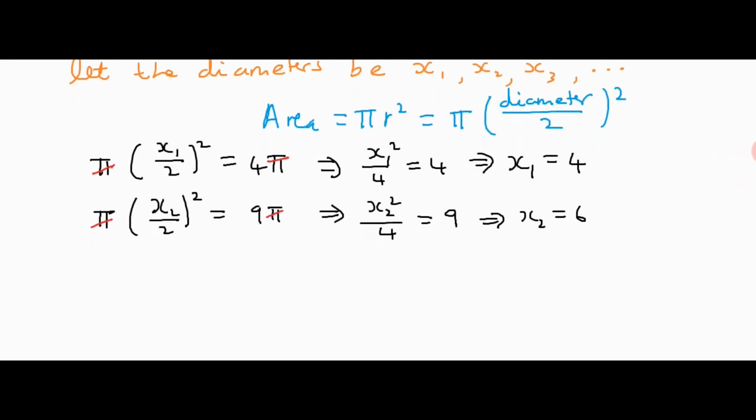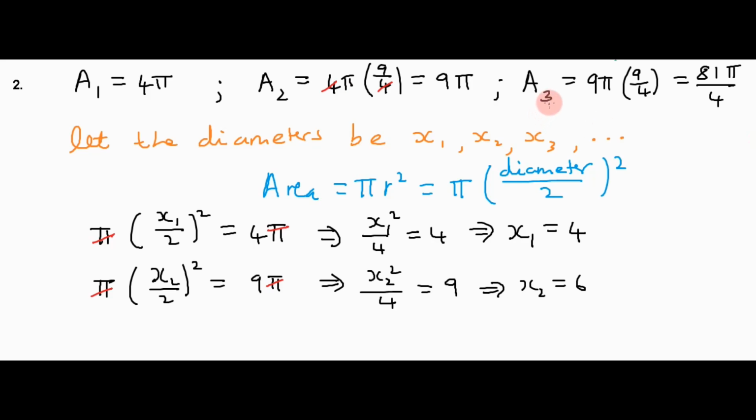Then the third circle, A3, using this formula, we can say that pi into x3 over 2, in other words, the diameter of the third circle divided by 2, all squared. This must come to 81 pi over 4.